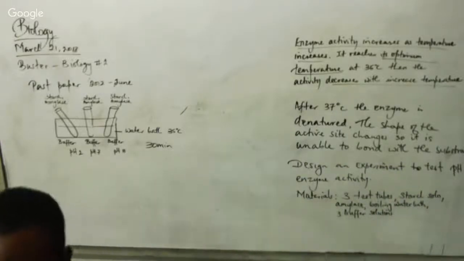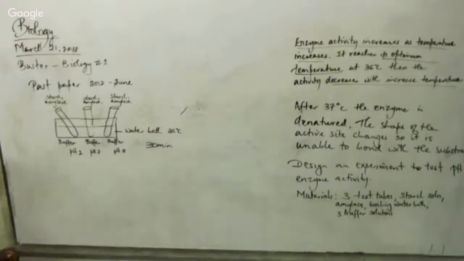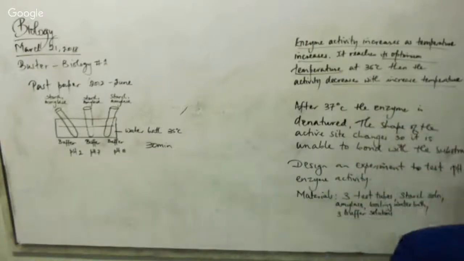And there must be a set time. But otherwise, this is fine. And this is worth 5 marks. I'm assuming that your materials will be worth 2, then the description worth the next 2.